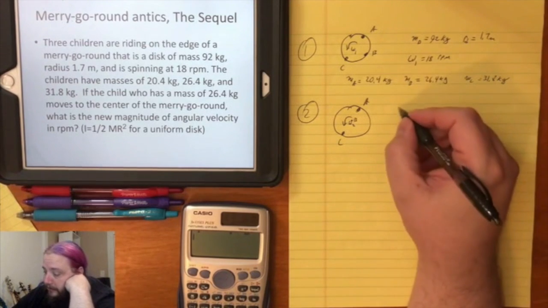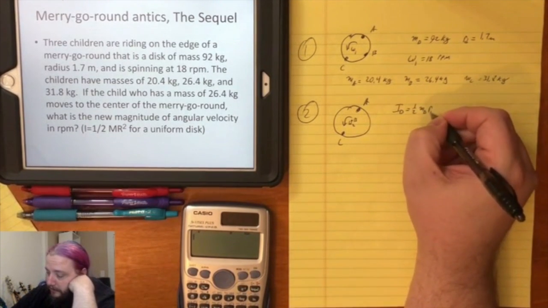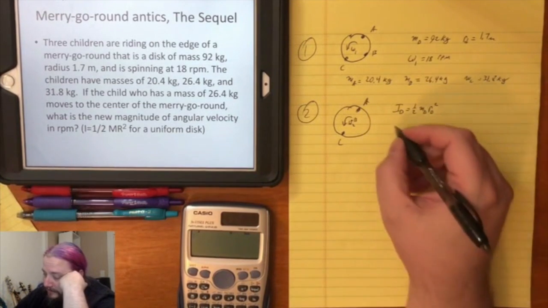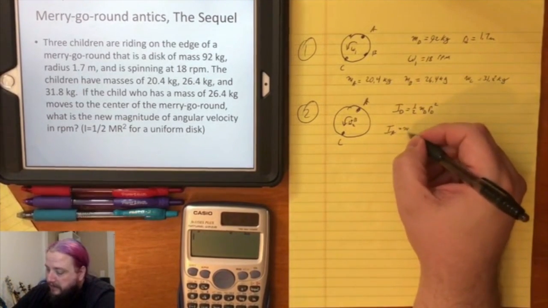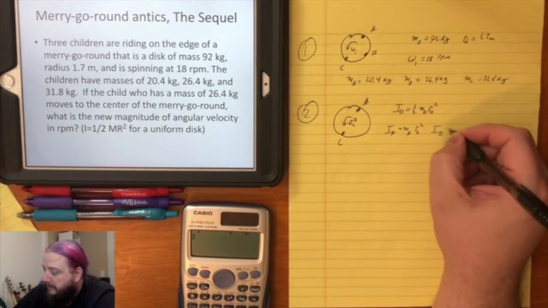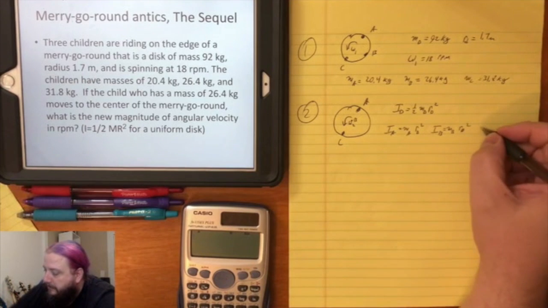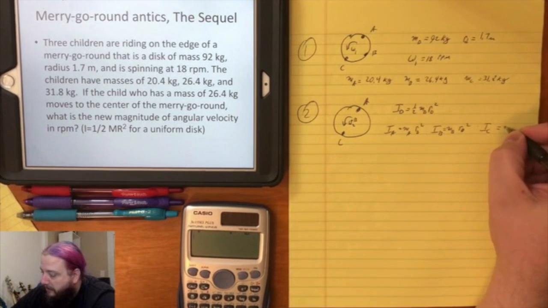So the rotational inertia of the disk is 1/2 mass of the disk times r of the disk squared. And the inertias of A, B, and C: rotational inertia of A is m_A r_d squared, rotational inertia of B is m_B times the radius of the disk squared, and rotational inertia of C is the mass C times radius of the disk squared.